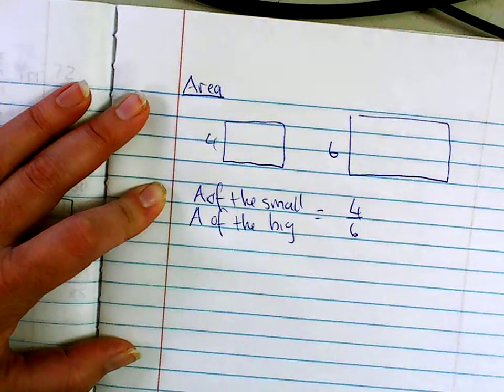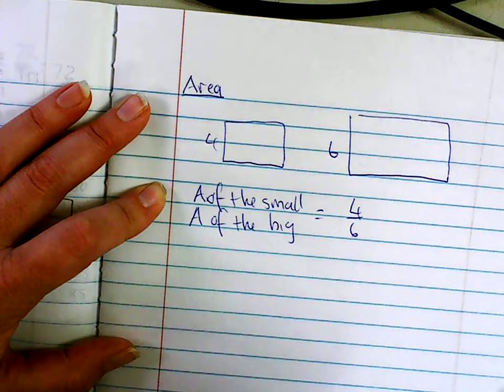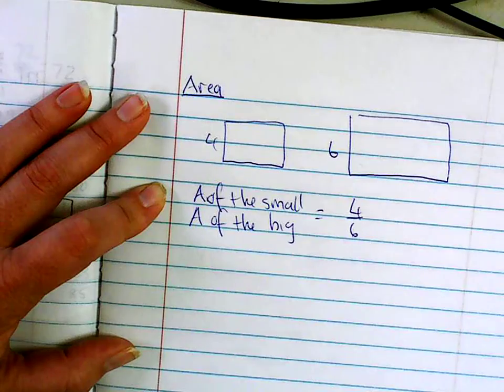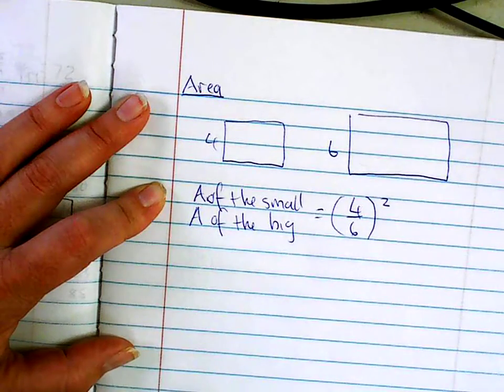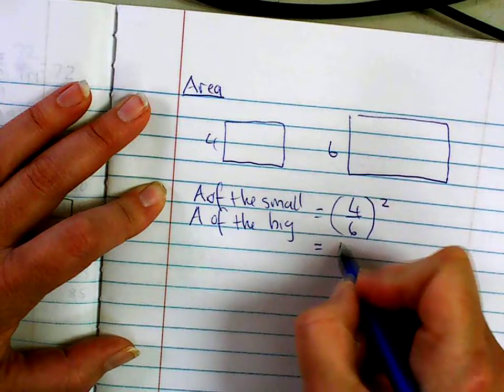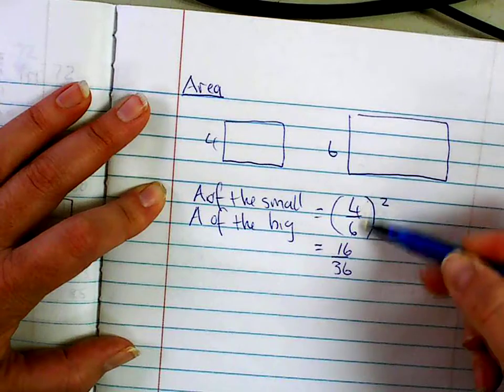But because area is length times width, and the answer is square whatever, square centimeters, square meters, we are going to square this number. So I end up with 16 over 36. 4 times 4, 6 times 6.